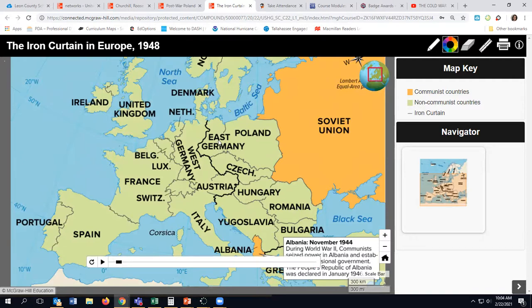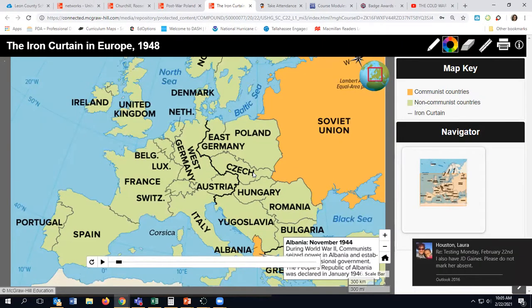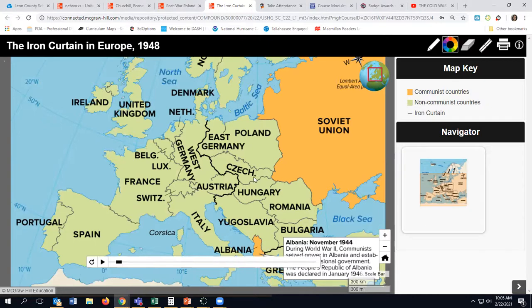So you have East Germany, which I'm going to go over how they divided Germany in a second, Poland, Czechoslovakia, Hungary, Romania, Yugoslavia, and Bulgaria. Czechoslovakia is now the Czech Republic and Slovakia. And so this line right here is basically the Iron Curtain.